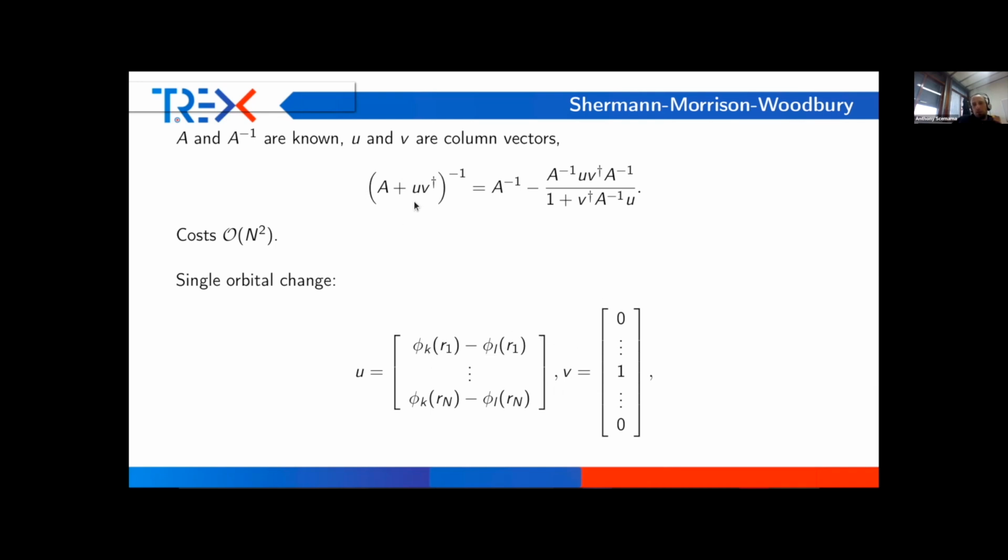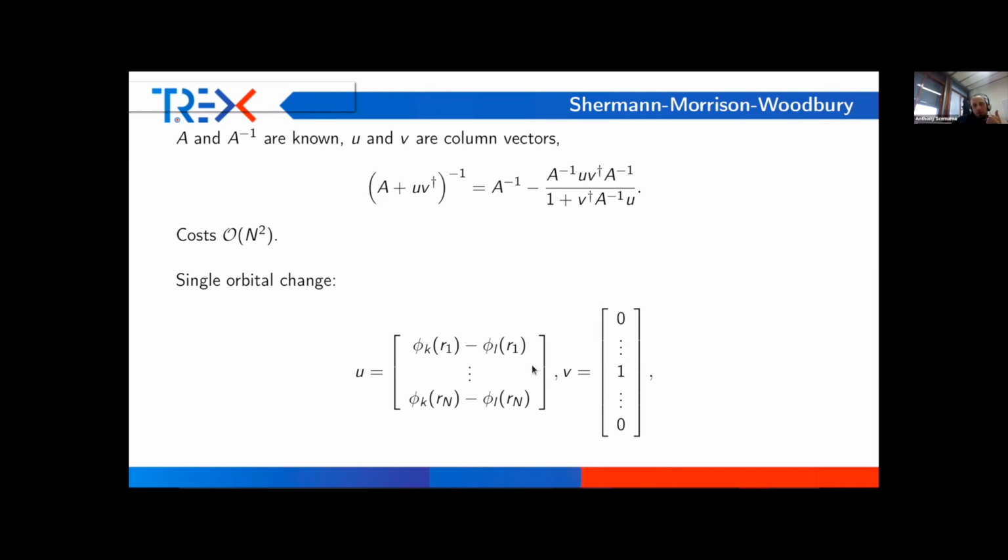And here V will be a vector where you have 0 everywhere, except you would have a 1 to describe at what column index you will make the substitution. So the 1 will appear at the position where you had the phi L in the A matrix.